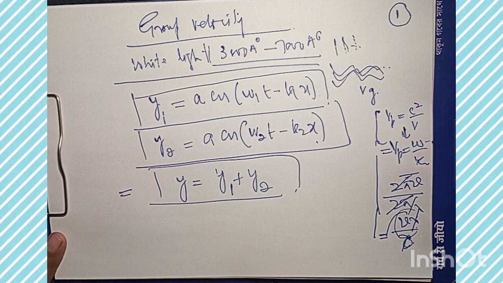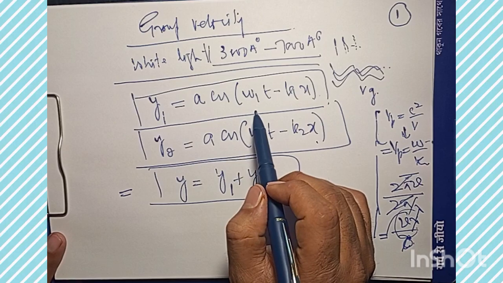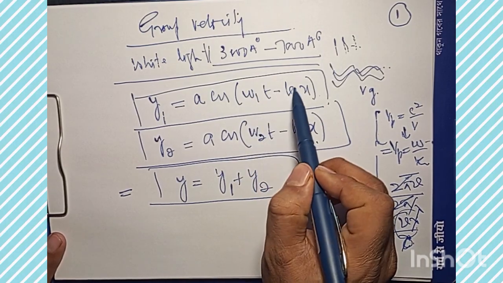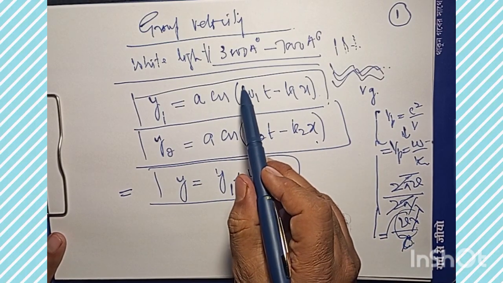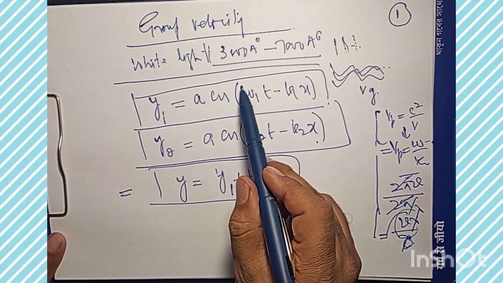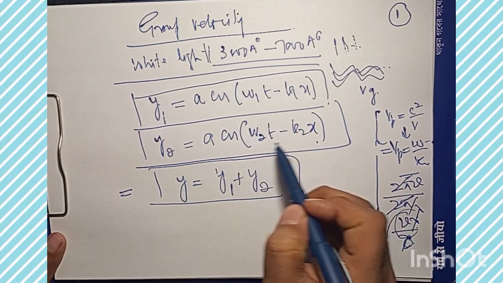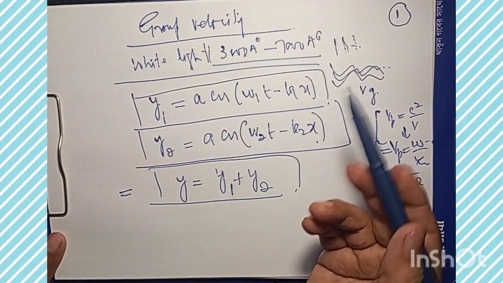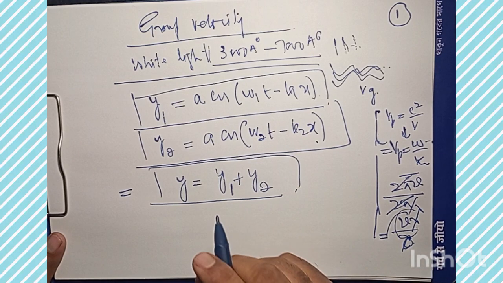Now the point is that what we assume in this case is that the ratio between omega1 and k1, which is indicative of the phase velocity, omega1 by k1 and omega2 by k2, with omega equal to 2 pi nu and k equal to 2 pi by lambda.